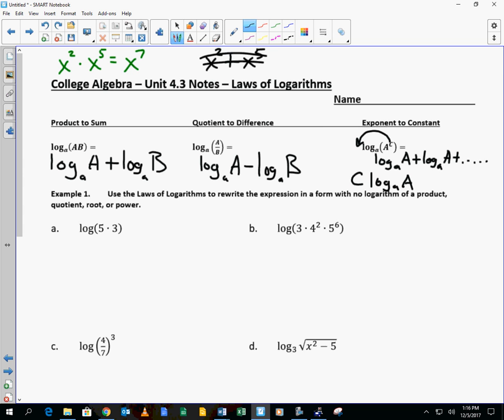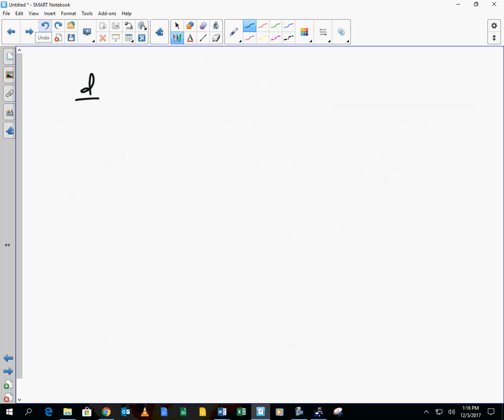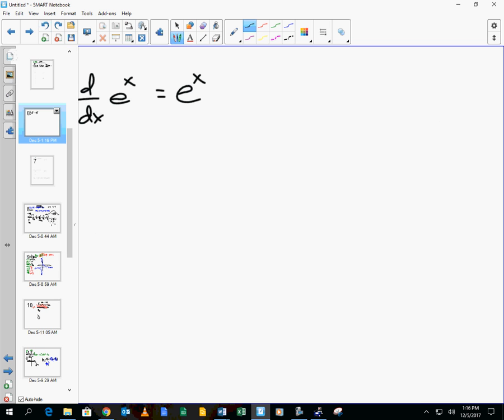Logarithms in calculus sometimes can make things really, really easy and really nice. Calculus class, just really quick, the derivative of e to the x happens to be e to the x. The derivative is itself, and that makes things pretty cool. So that's something we'll look at.